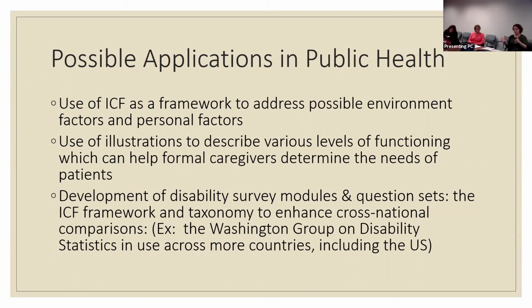And so one of the outcomes of the ICF was a group of researchers and demographers and policymakers who are called the Washington Group, because they had their first meeting in Washington, D.C. And what they did, they wanted to come up with a set of questions that were fairly short, so that countries all over the world could use one set of questions that address disability and functioning across their population, and then they could actually compare data.